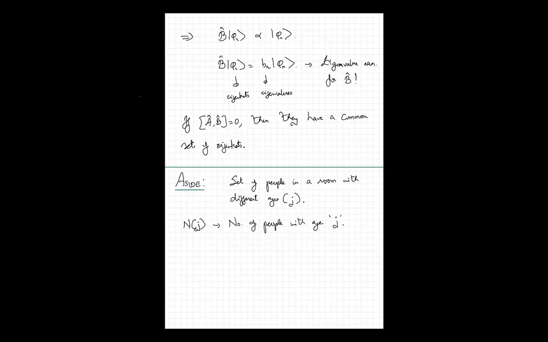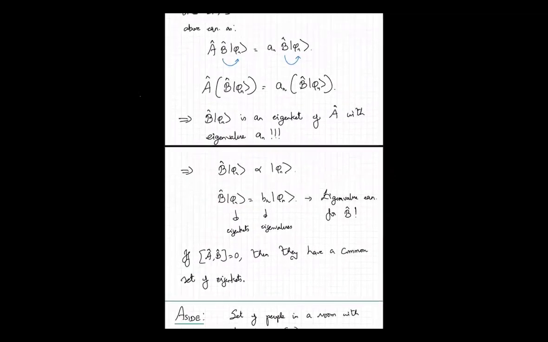Somebody is asking me, sir, please repeat why B operating on phi n cannot be equal to phi n. All right. So let us go back here. I have the equation A acting on B phi n equals an acting on B phi n.